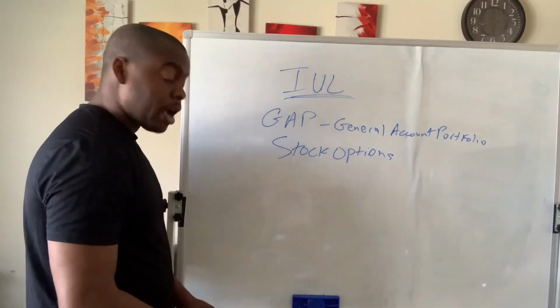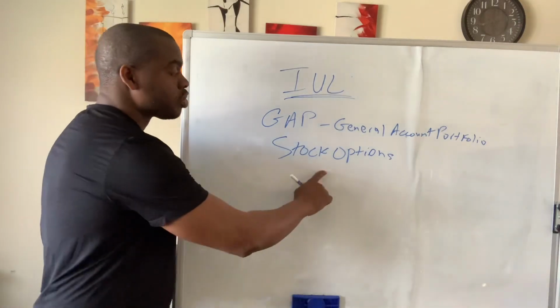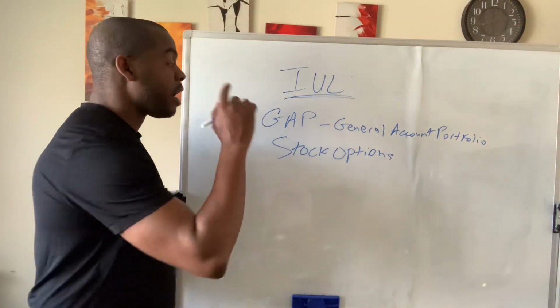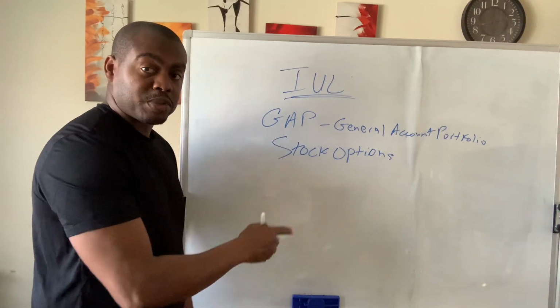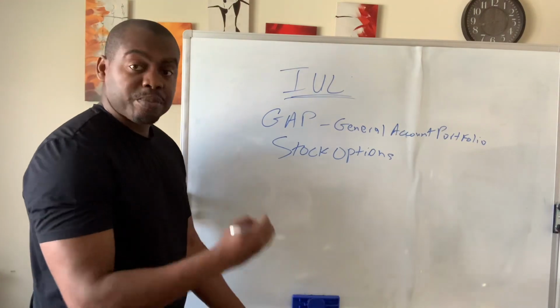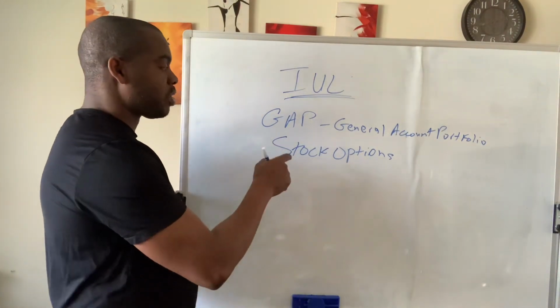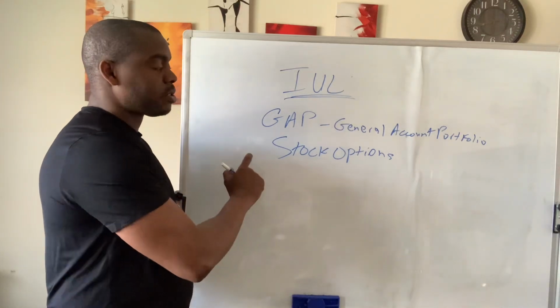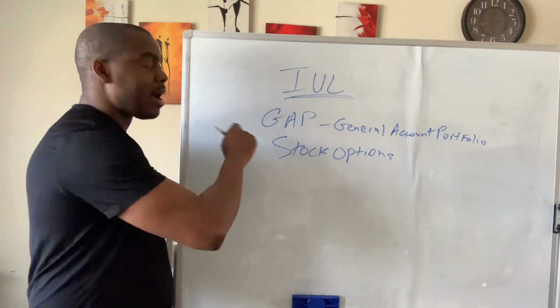Now, you don't have to understand how stock options work, but the insurance company knows how they work. Insurance companies and banks purchase the most options. They put the most money there, millions and millions of dollars. So you're telling them, go use that to buy options.